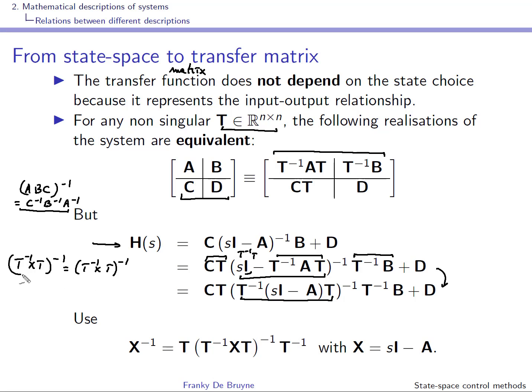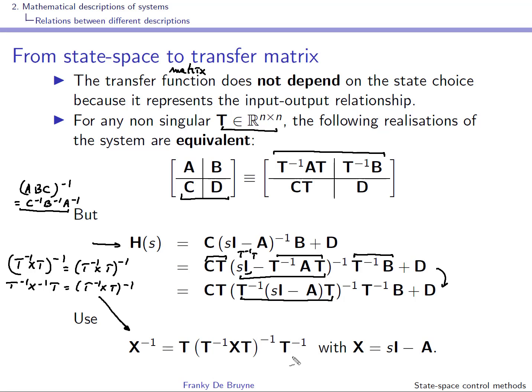So if we do this over here, we'll have T^-1, X^-1, and the inverse of T^-1 is T, and this is equal to T^-1 X^-1 T. So now I will pre-multiply with T and post-multiply by T^-1, and we'll have this relation over here. Okay, so this is indeed correct.